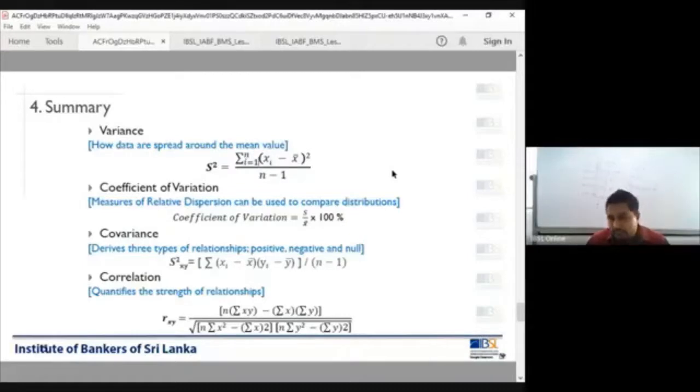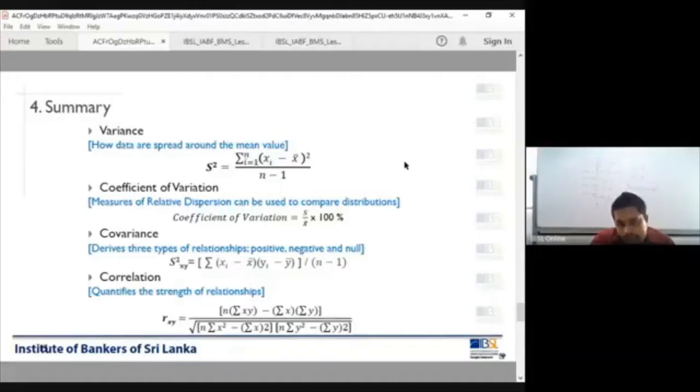So the standard deviation would be nothing but the square root of this entire calculation. Isn't that so? So we take individual values, minus the mean, take the square, take the summation, divided by the number of items in the sample minus 1. If this is a population, the only difference would be that instead of n minus 1, we divide it by n, the total number of observations. The other equation which I have not written here is nothing but the standard deviation, which would be the square root of this.